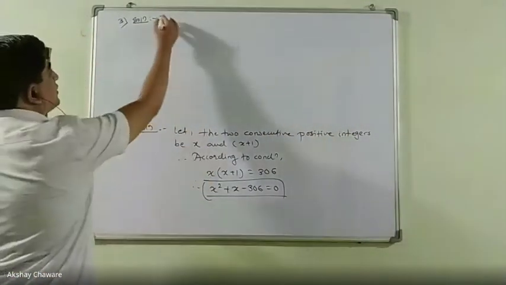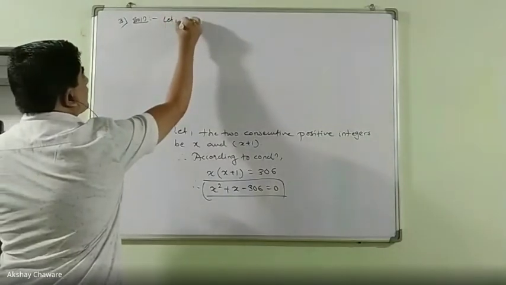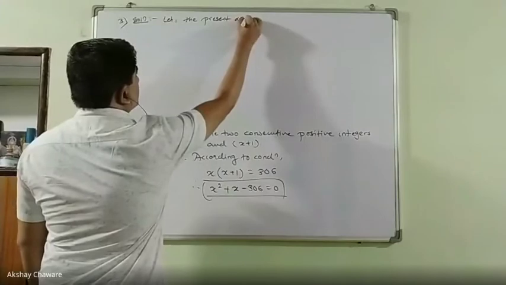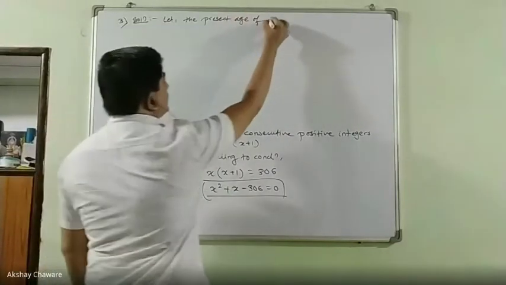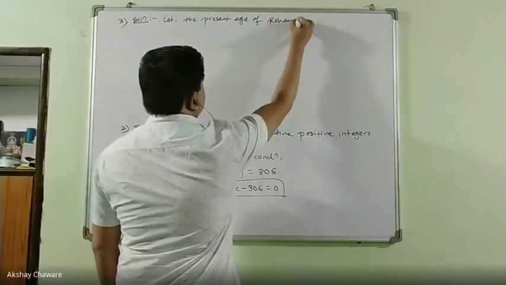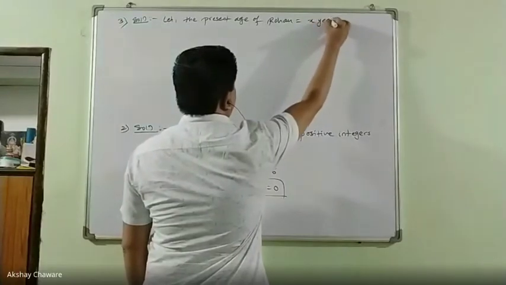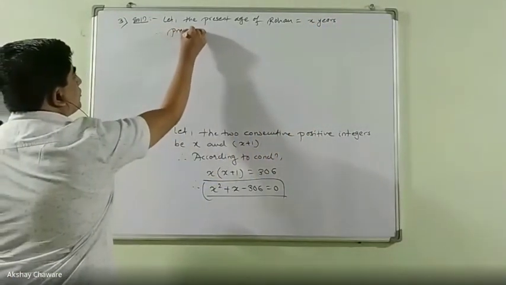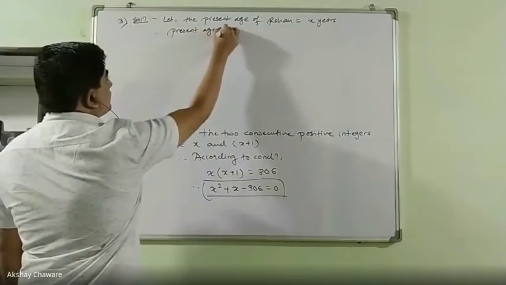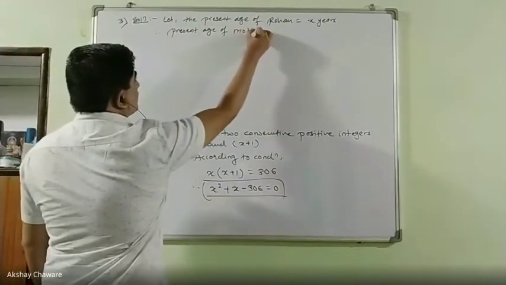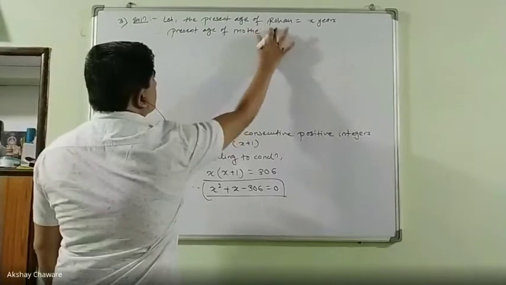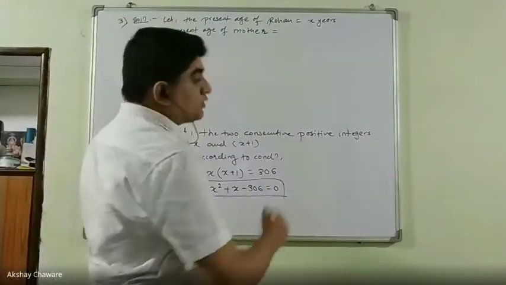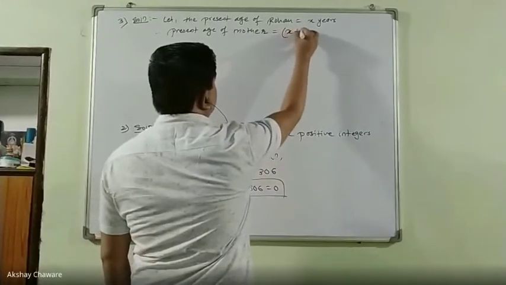So we will consider, let the present age of Rohan be x years, and therefore the present age of the mother is 26 more than him, that is x plus 26.